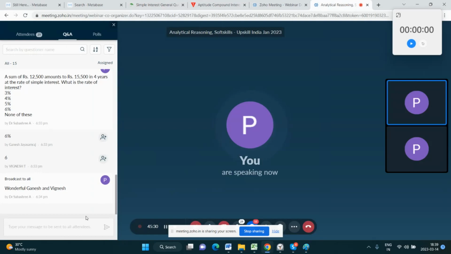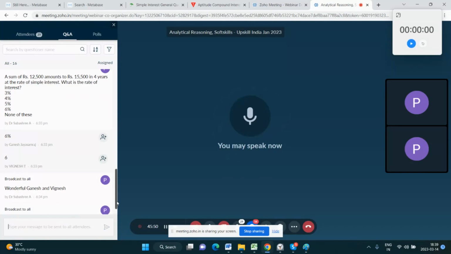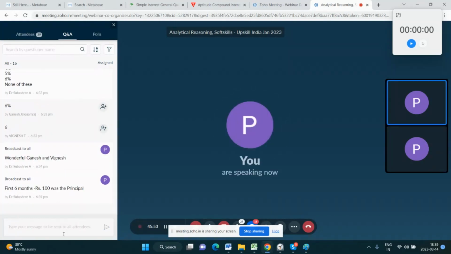Got it? First 6 months, rupees 100 was the principal. First 6 months interest, PNR by 100, is 5 rupees.